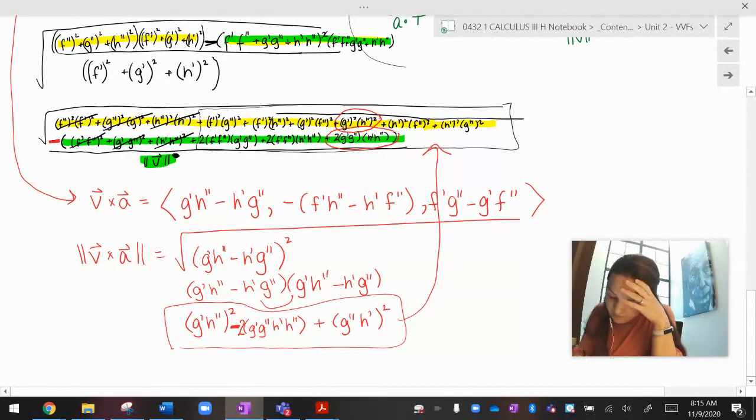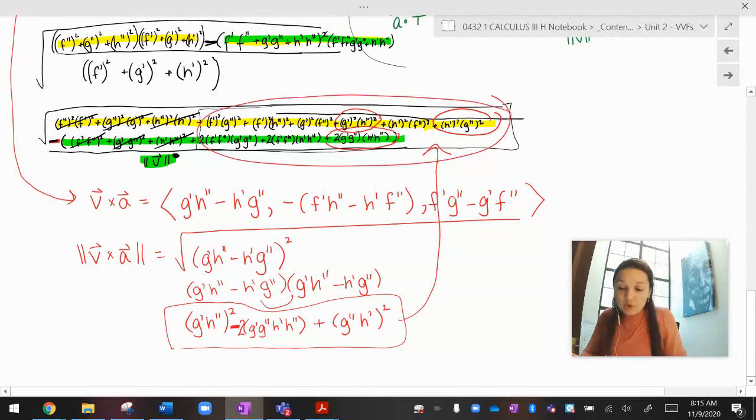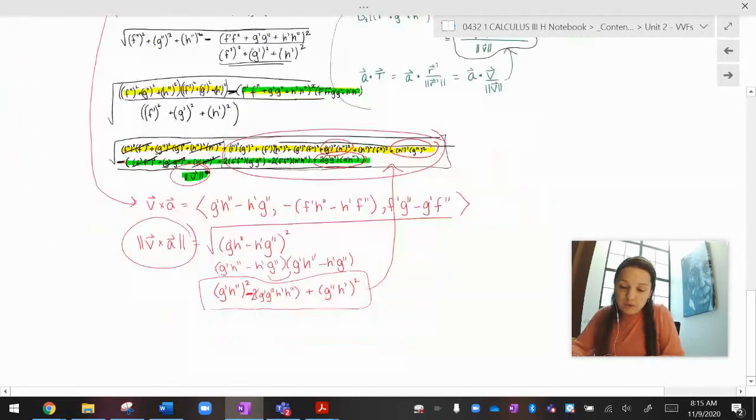And then I need another plus g double prime h prime squared. I found it. I'm pretty convinced. This big mess right here, which is going to be under a radical, is v cross a. And then my denominator is the magnitude of v.